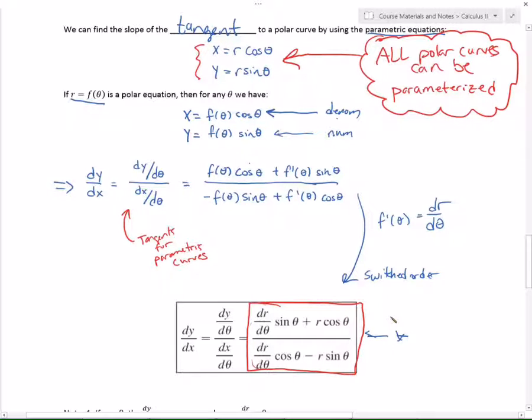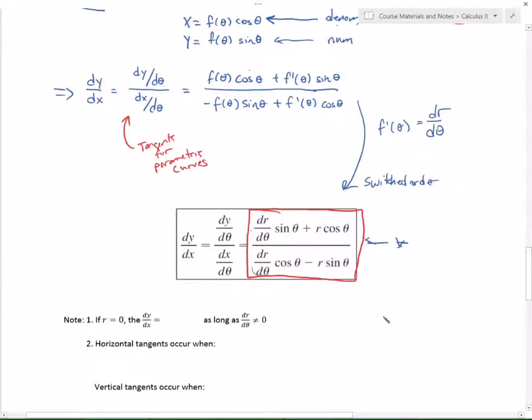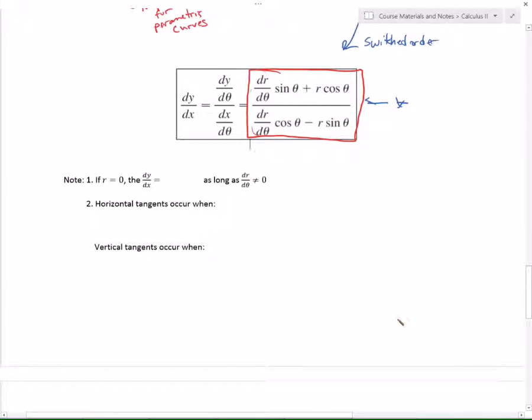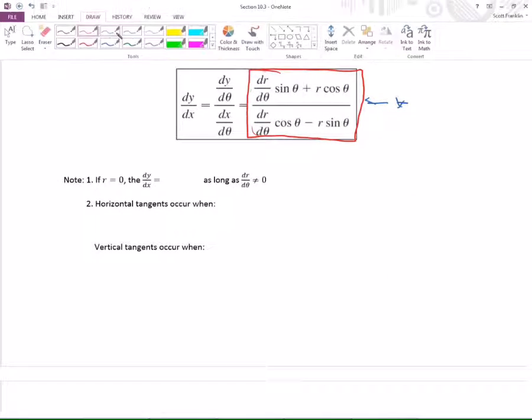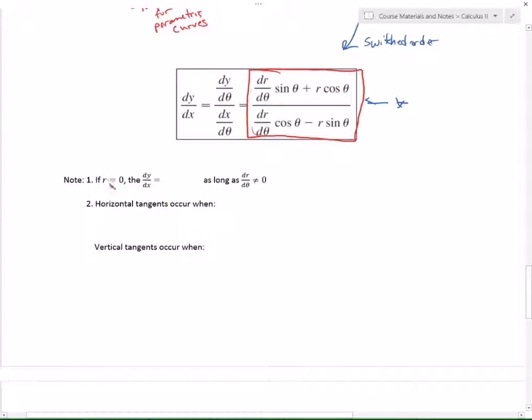So we're going to answer a couple of questions using the tangent for the cardioid. A couple blanks here we need to fill in. If r is 0, notice what dy/dx looks like.